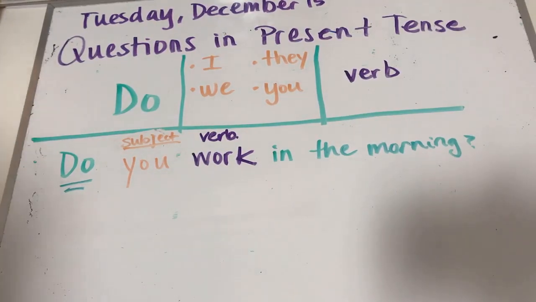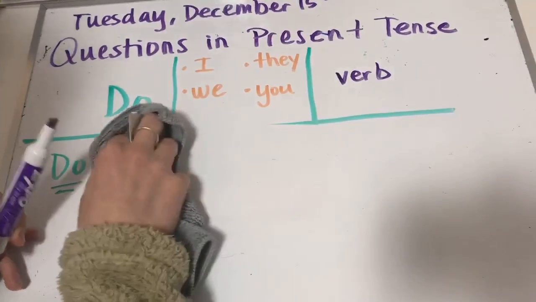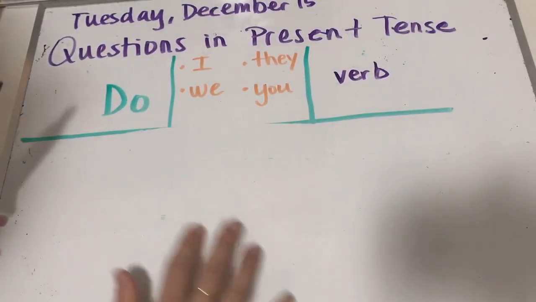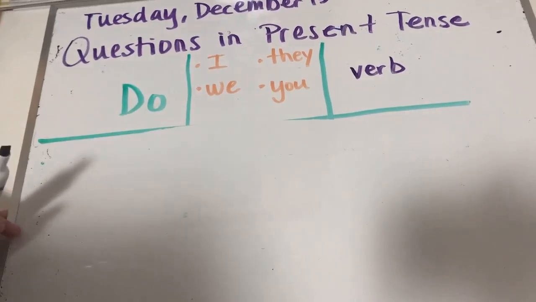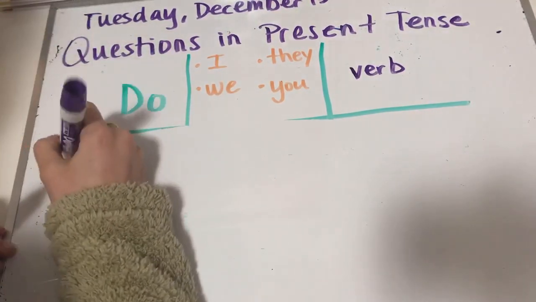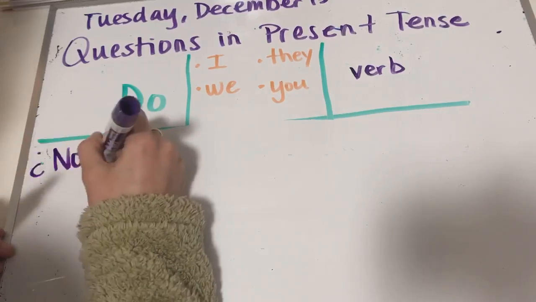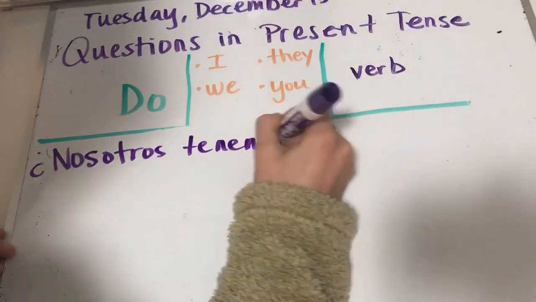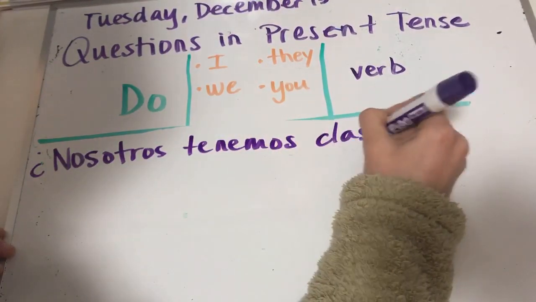Okay, let's try another one. Un otro. What if we wanted to say, nosotros, so if we wrote it in Spanish first, nosotros tenemos clase hoy.